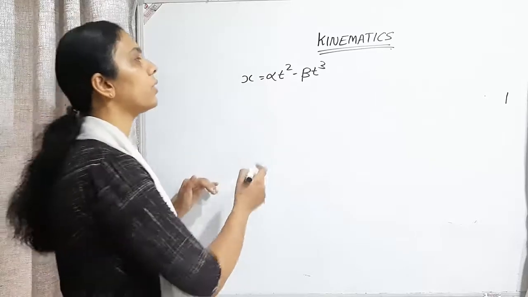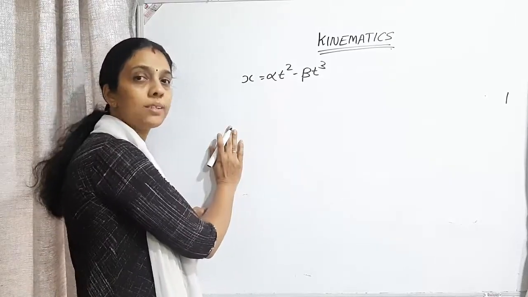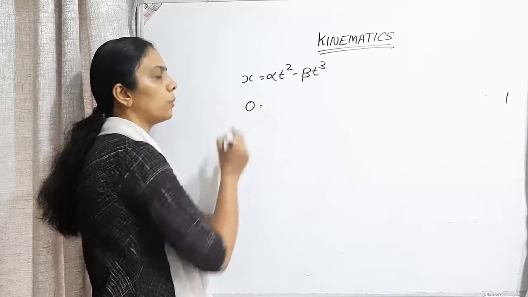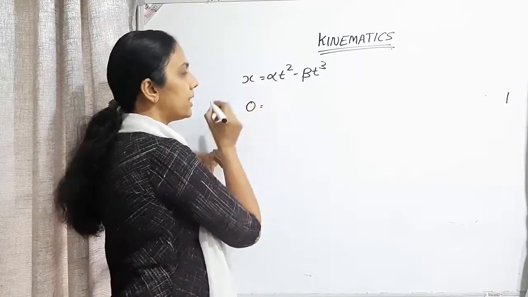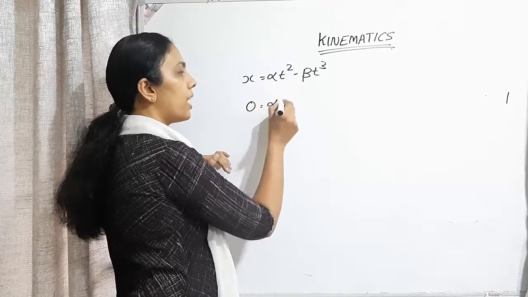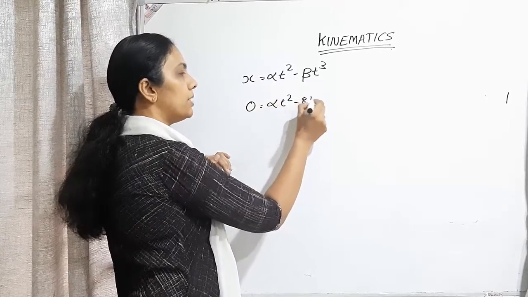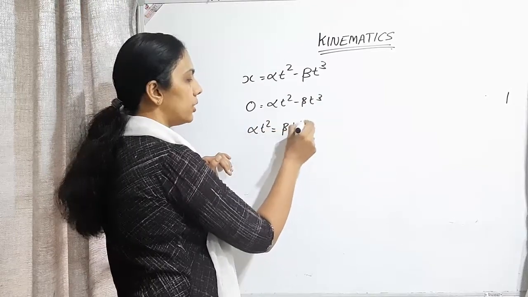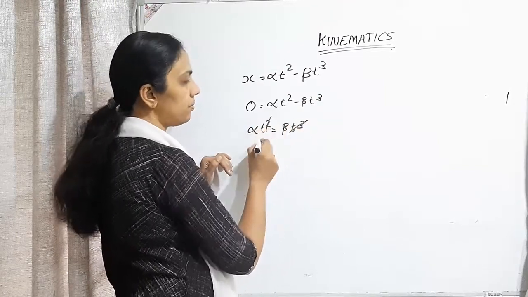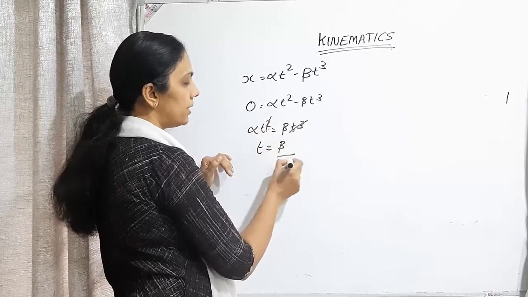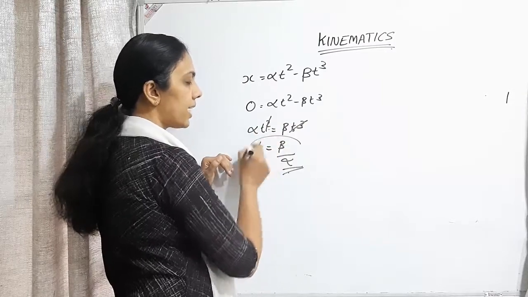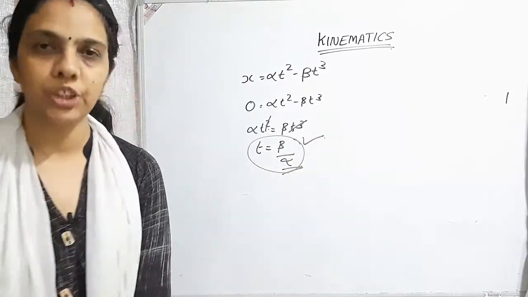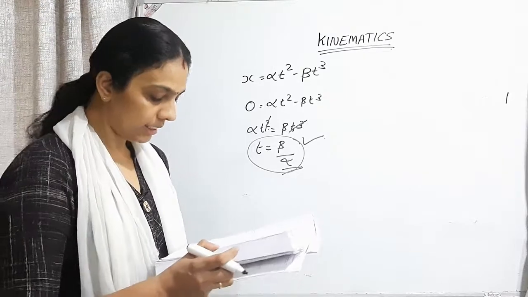So how can we find out whether the particle will be coming back to its starting point? That is when x is equal to 0. What will happen? Alpha t square minus beta t cube equals 0. Therefore alpha t square equals beta t cube. Here t will be equal to beta by alpha. So at time t equals beta by alpha, it will be coming back to its starting position.